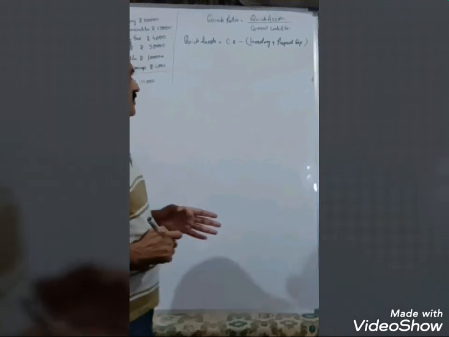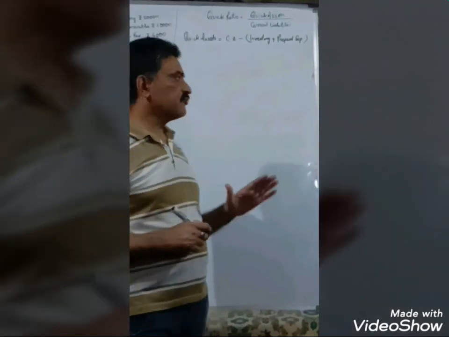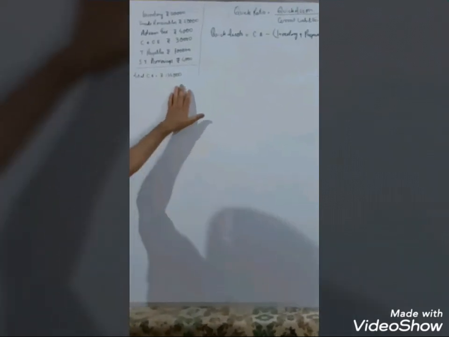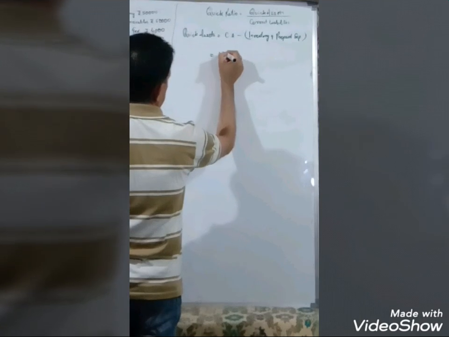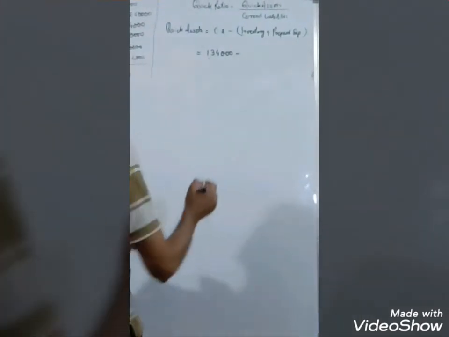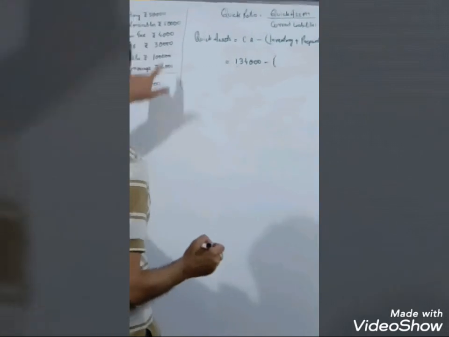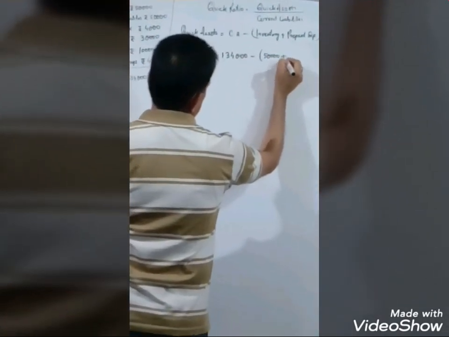In the first question, we had calculated total current assets of rupee 1,34,000. Out of it we have to deduct inventory, which is rupee 50,000, and prepaid expenses, which is the advance tax rupee 4,000.